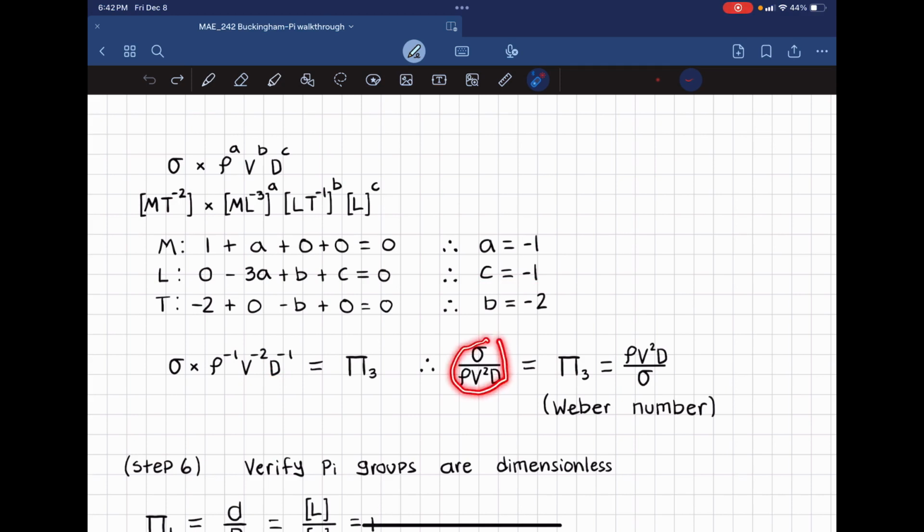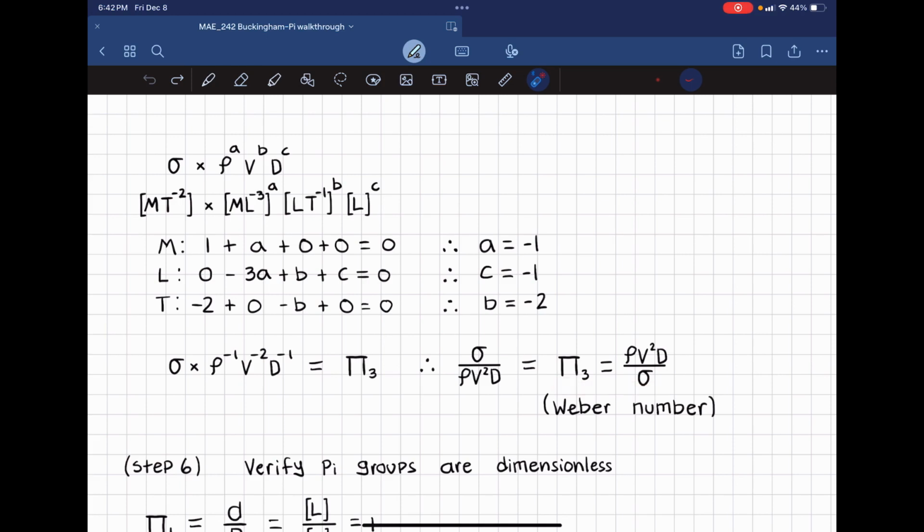So that is what you're going to see here, which is sigma over rho V squared D. And again, it may not be obvious right away, but this is actually the inverse of the Weber number, which is another common fluid mechanics non-dimensional quantity or group. We're going to let this equal pi 3.